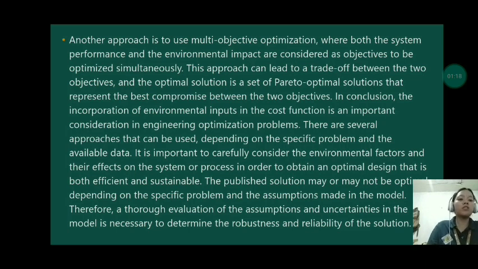The published solution may or may not be optimal depending on the specific problem and the assumptions made in the model. Therefore, a thorough evaluation of assumptions and uncertainties in the model is necessary to determine the robustness and reliability of the solution.